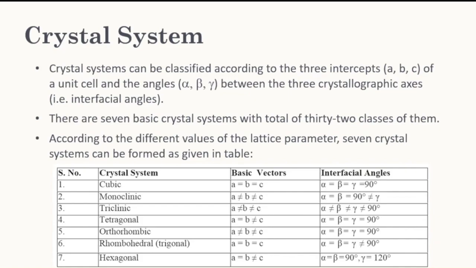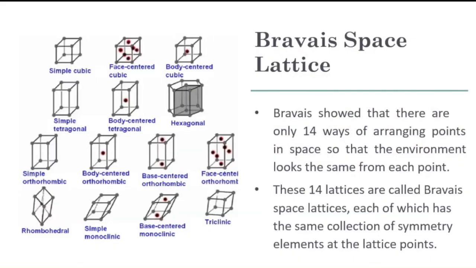So we have 7 different crystal systems, but as we have already discussed about the Bravais space lattice, there can be 14 ways of arranging the points in space so that the environment looks the same from each point. For the cubic structure, it can be simple cubic, face-centered cubic, and body-centered cubic.